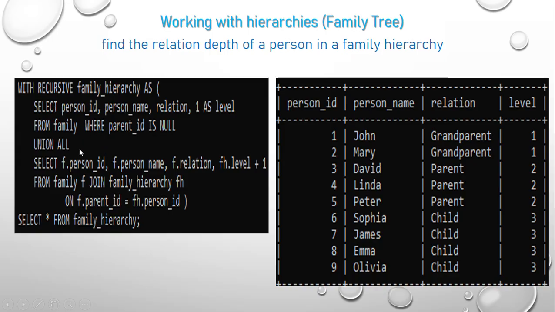In the family hierarchy, we are starting with parent ID is null, and then we are recursively finding the persons with the level. We are incrementing each person's level with respect to this condition. And here you can see grandparent at 1, parents at 2, and child at 3.